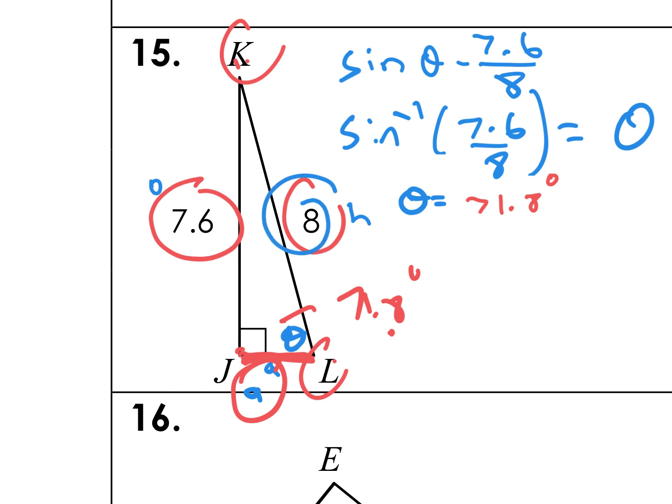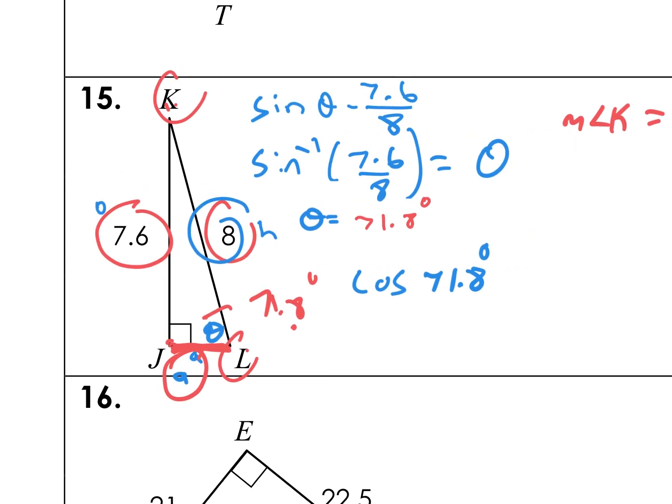So what trig function uses adjacent and hypotenuse? Cosine. I have to use the answer in our calculator, because they didn't give me any angles. Cosine of 71.8 degrees equals adjacent, which is JL, over hypotenuse, which was 8. Is that right?